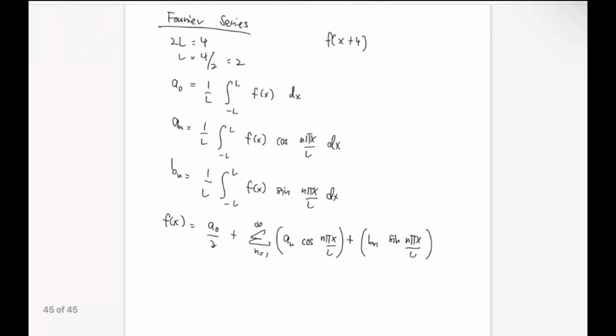Because we have both cos and sine, this should be the Fourier series for neither function.